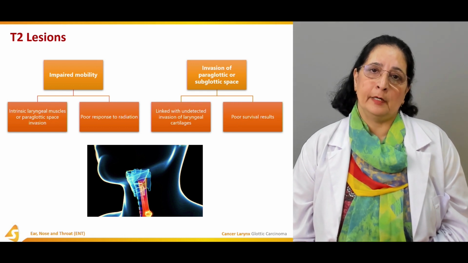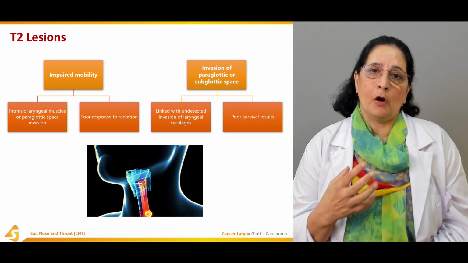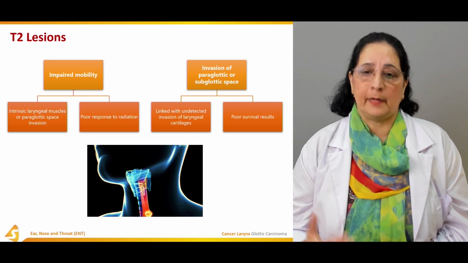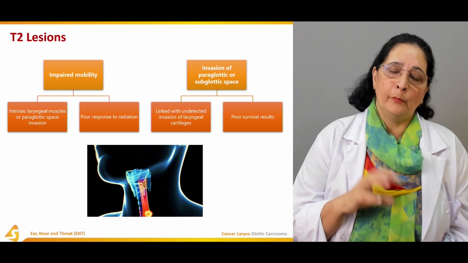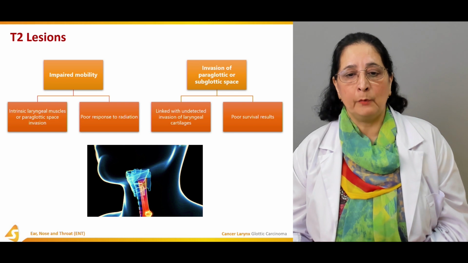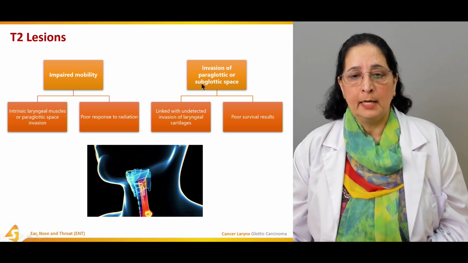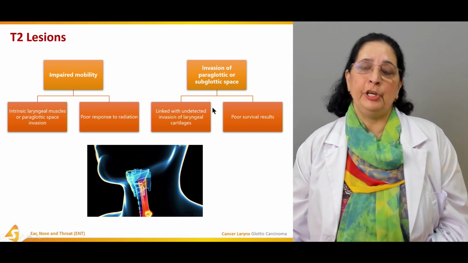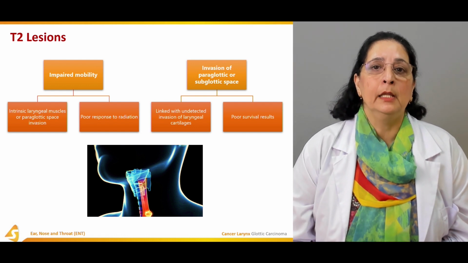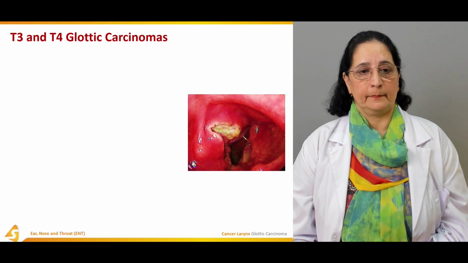Poor survival results. So vocal cord mobility is a very, very important prognostic factor. If it is mobile, then prognosis is better. If it's immobile, then it's bad. Similarly, if there is invasion of laryngeal cartilages, that is associated with poor prognosis.